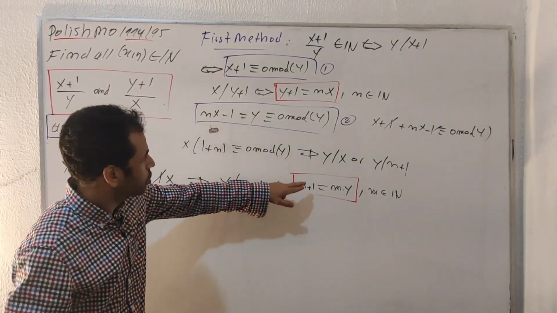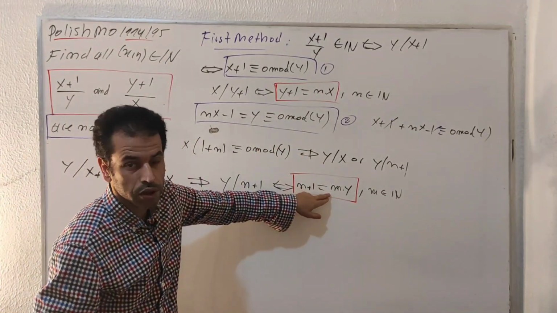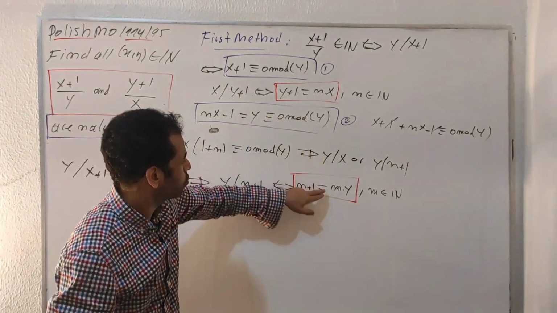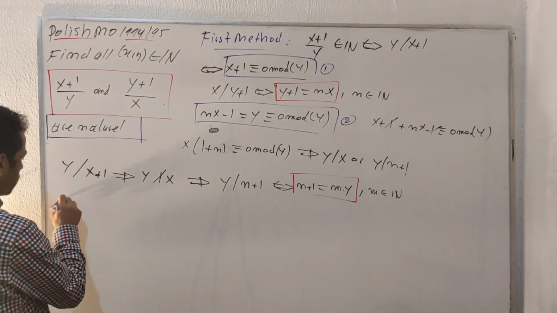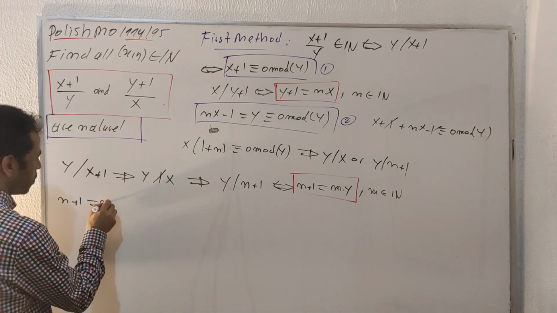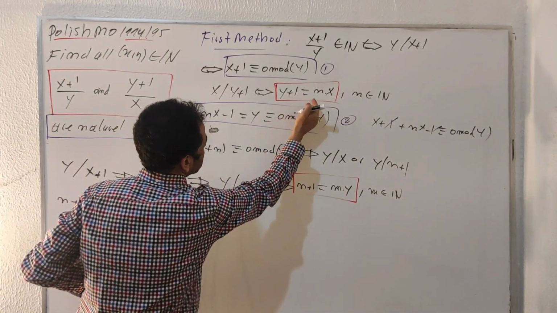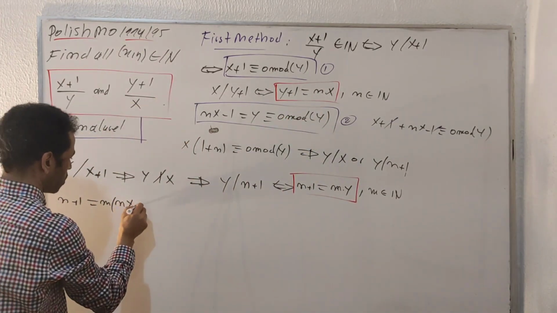So by inserting y into this one to find the combination between this equation and this equation, I will have n plus 1 equals m multiplied by nx minus 1.